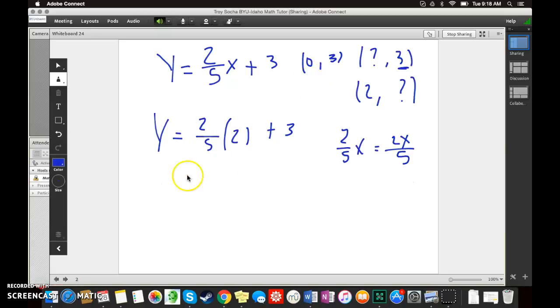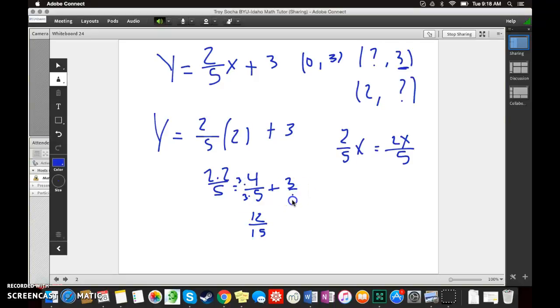So if that's the case, then this can be written as 2 times 2 over 5, so 4 over 5 plus 3. Now we need to get a common denominator. The common denominator here is 15. We get 12 over 15 because we're going to multiply this one by 3 and this one by 3.